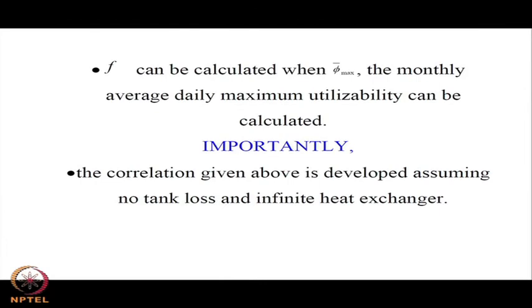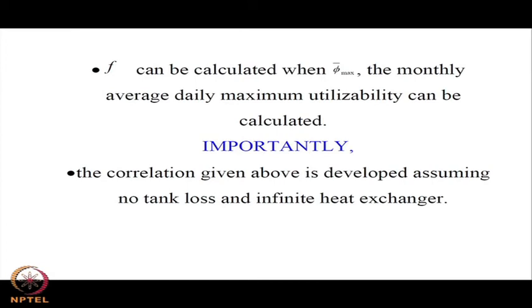Now, last but not the least, with this correlation we do not know anything about the heat exchanger, number 1. Number 2, we also have not explicitly or implicitly considered, in deriving this relation, the losses from the tank. So, you might wonder why the losses from the tank were not there in the F chart, nor did I mention the tank losses and the heat exchanger correction.